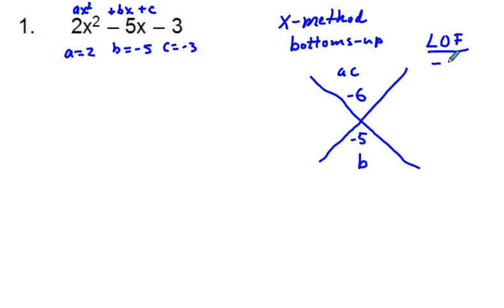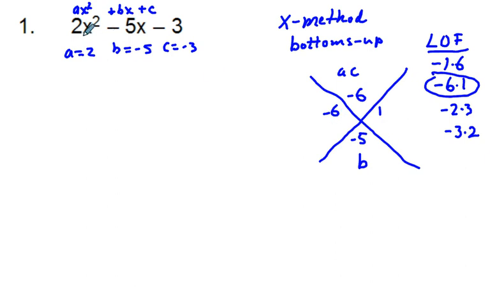We could write negative 1 times 6 would equal negative 6, or negative 6 times 1, or negative 2 times 3, or negative 3 times 2. And then we look at these factors and add them together and see which set of these two factors added together will be negative 5. Well, it's going to be this set right here, negative 6 and 1. So I'm going to write on the left side negative 6 and the right side 1.